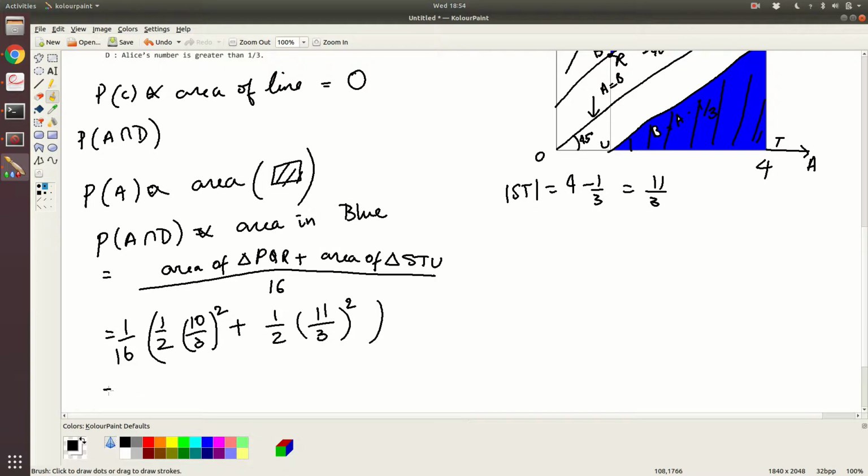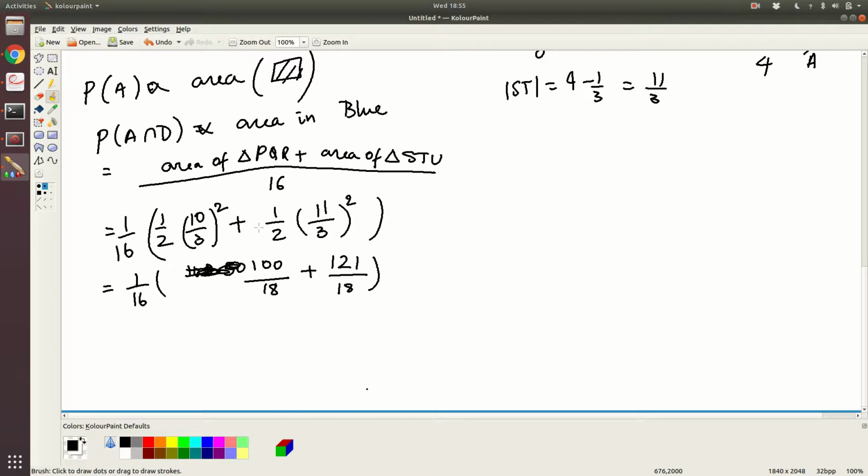Okay, so now let us do some quick calculation. So this is 100 by 18. This is 121 by 18.